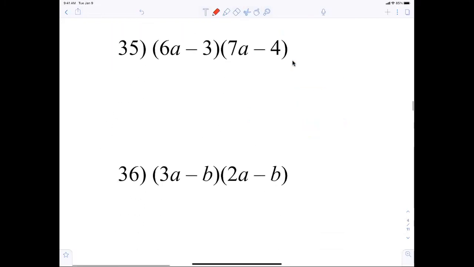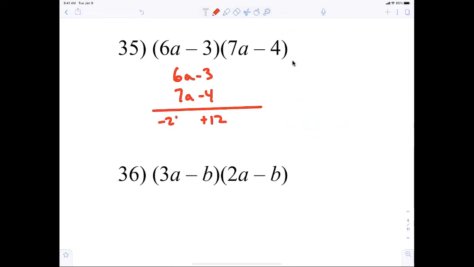All right, 35. Again, I prefer that you just write 6a minus 3, 7a minus 4. Positive 12, negative 24a, negative 21a, 42a squared.